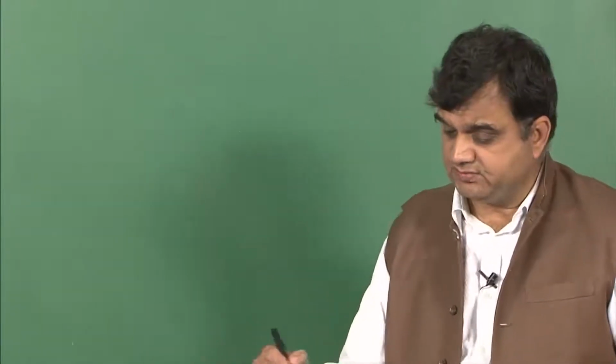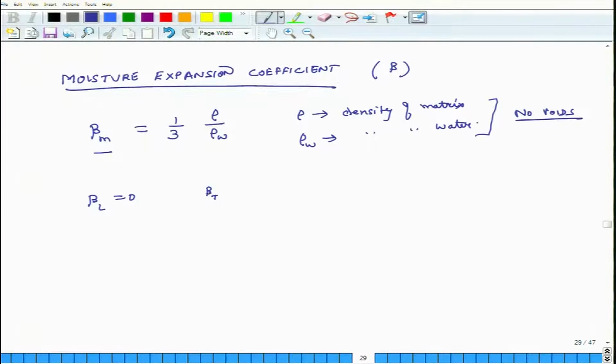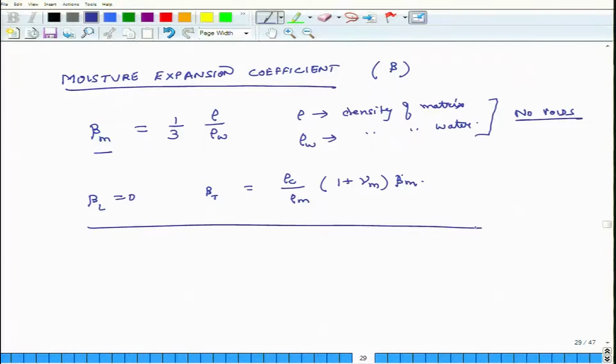So, this is approximately equal to 0, but the transverse value beta T is equal to the density of the composite divided by the density of the matrix material after it has absorbed moisture, times 1 plus nu m, the Poisson's ratio, times beta m. Using this relation we can compute how much a composite expands when it absorbs moisture, as long as the composite is unidirectional in nature.